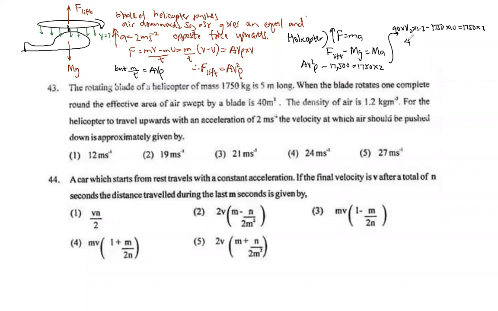So this 40 into 1.2 or 48 v squared equals twelve into 1,750.